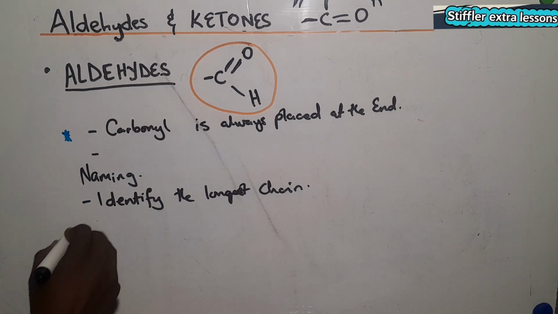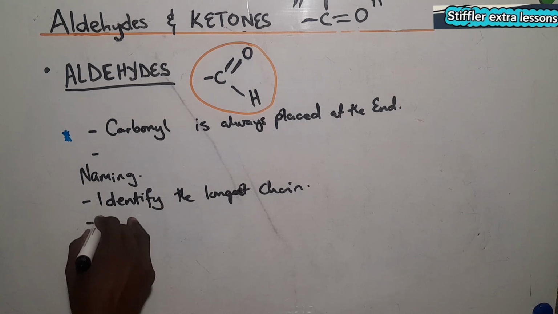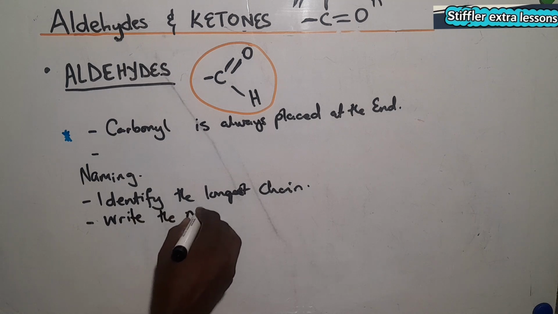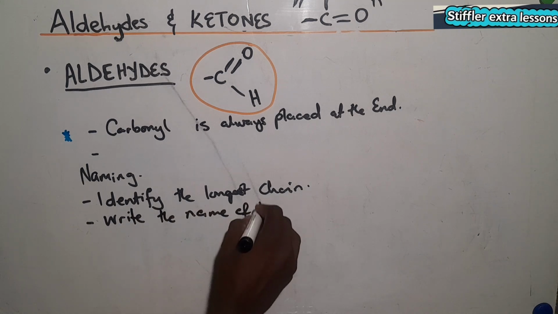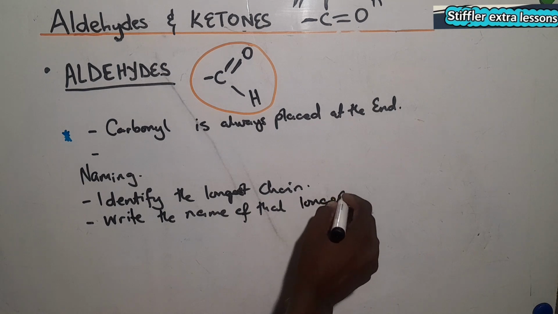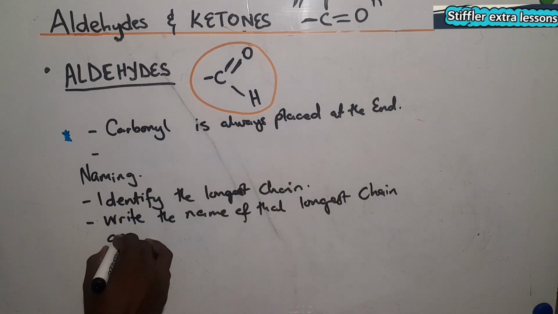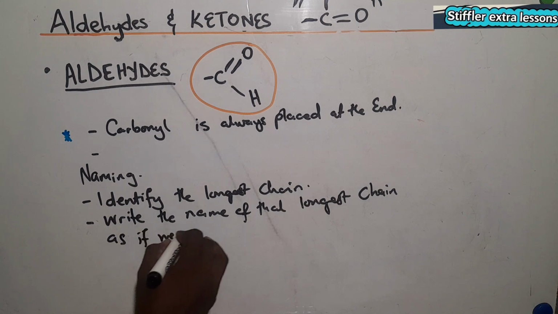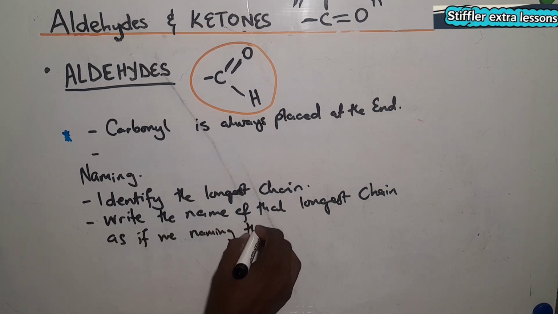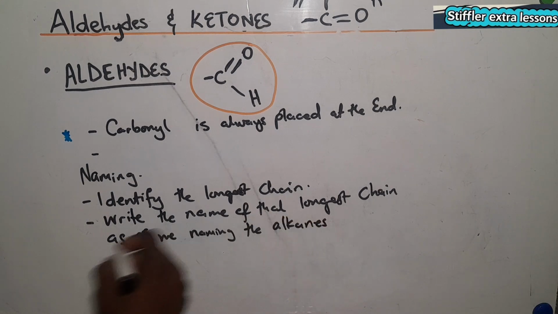And the next thing, after identifying the longest chain, is we write the name of that longest chain as if we are naming the alkanes.